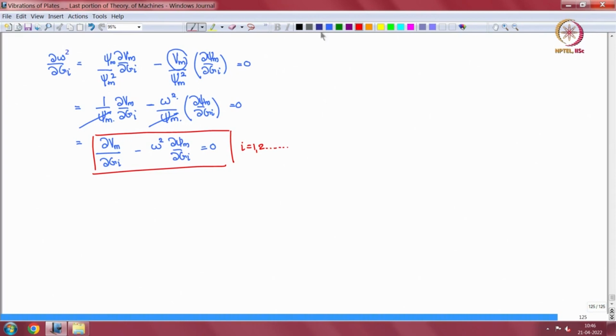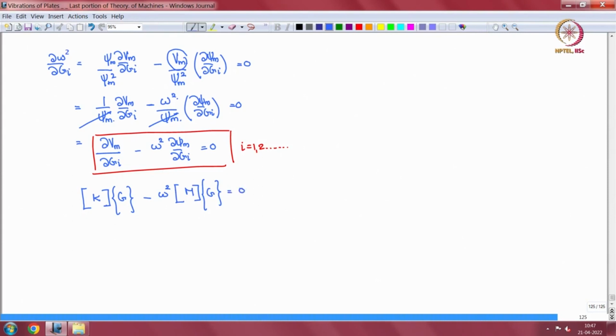So this results in a matrix set of equations or a generalized eigenvalue problem: K times G, the vector, minus omega square M times G, the vector of coefficients, is 0.